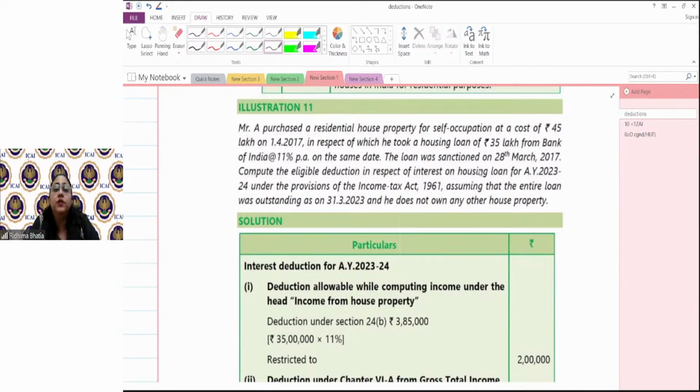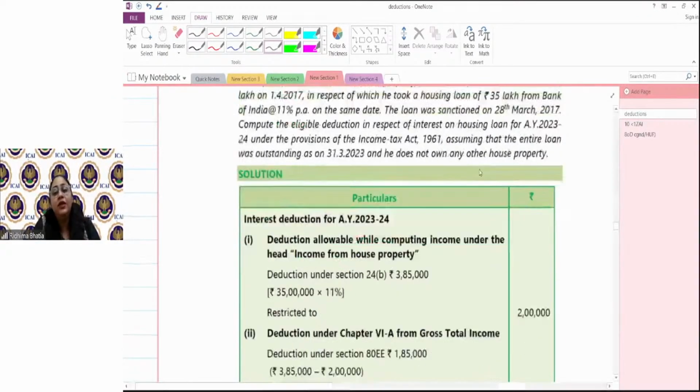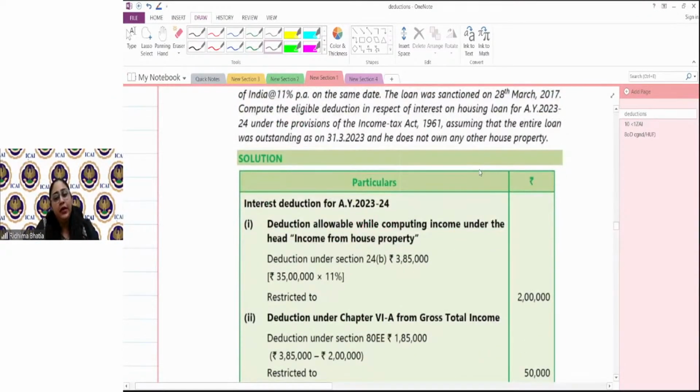3,85,000. Now first of all, you will claim 2 lakh rupees under section 24B. Why? Because first you use up the full limit of 2 lakhs under 24B. After that, still 1,85,000 is left to be claimed, right? That can be claimed under 80EE, but the maximum which you can claim is only 50,000.